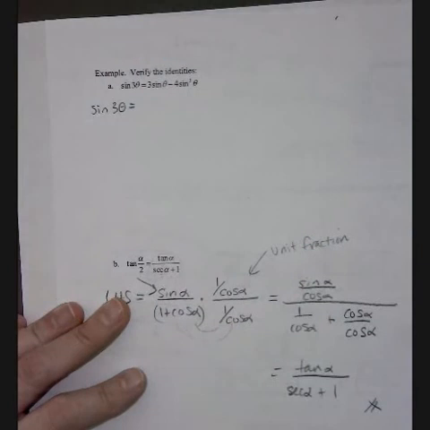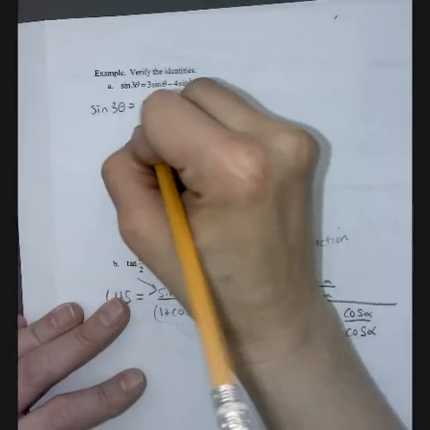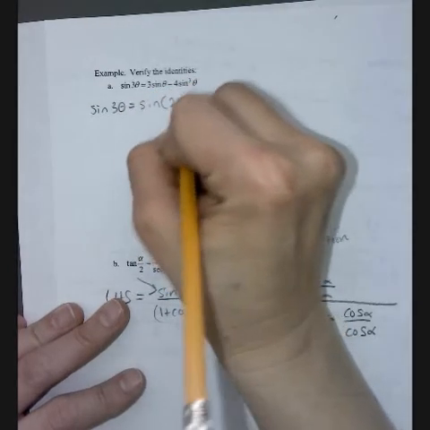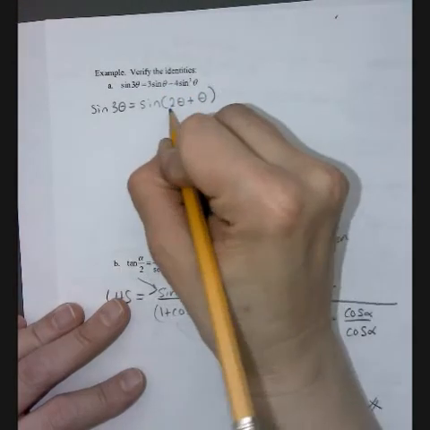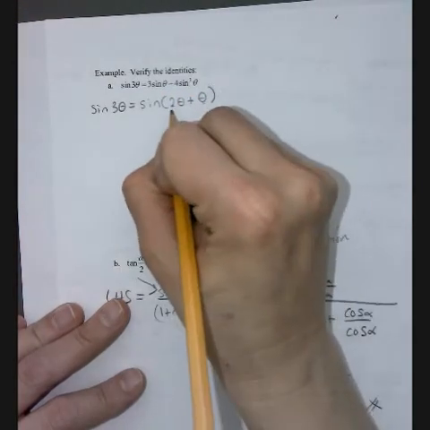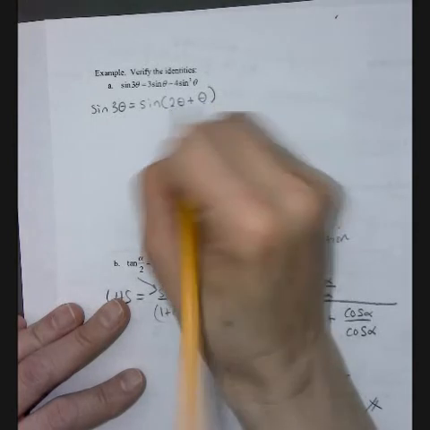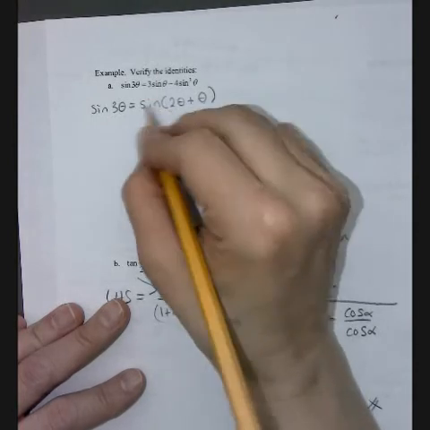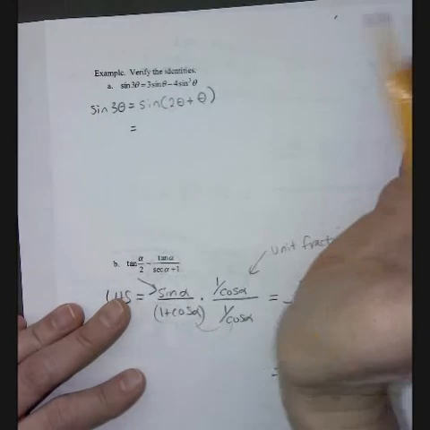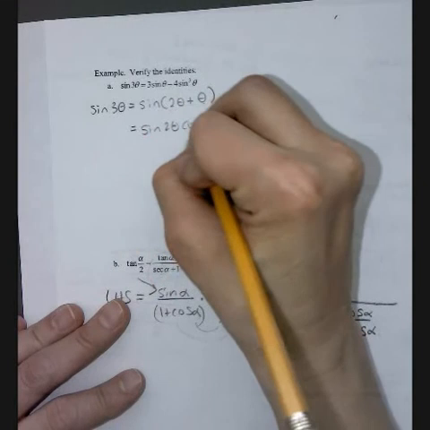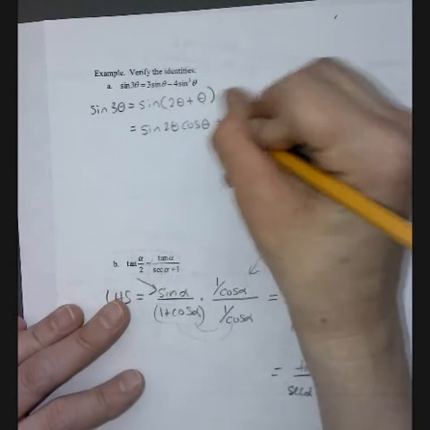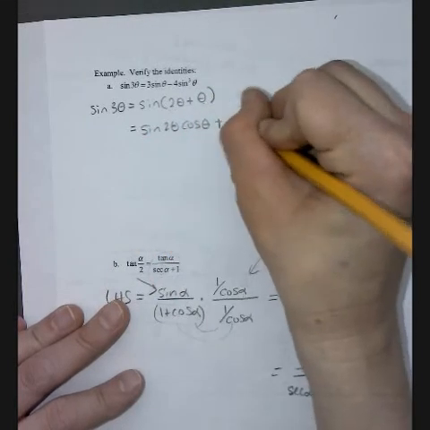So if you take the 3 theta and write that as 2 theta plus theta, then you have a sum of a single angle and a double angle. And then use the sine formula for a sum, or the addition formula for sine, in other words. So you get sine of 2 theta cosine of theta plus cosine of 2 theta sine theta.